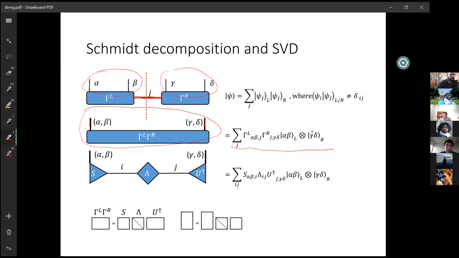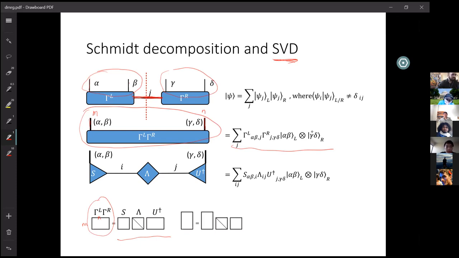in quantum mechanics, known as Schmidt decomposition, and in the tensor network language, it corresponds to a linear algebra operation called singular value decomposition. So let me remind you what the SVD does. You start with some tensor, a matrix, gamma L, gamma R. Let's assume the physical bond dimension here is M and this bond is N, so this is an M by N matrix. By doing the SVD, you split this matrix into this form.